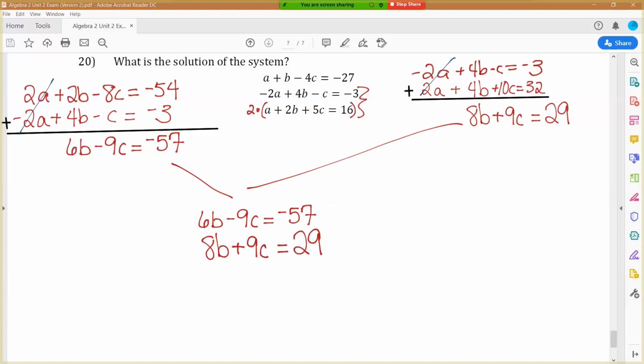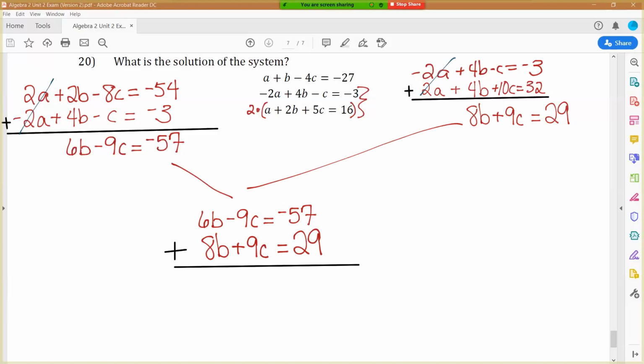All right, so I copied those two equations down. What do you notice about these two equations? Aha, one of the C's is a negative 9, the other one's a positive 9. This is already set up for you to eliminate. You do not have to multiply by anything. So we just brought those two equations down and then we're going to add them together.